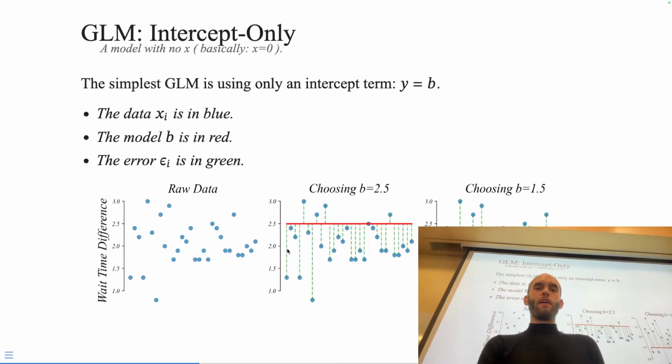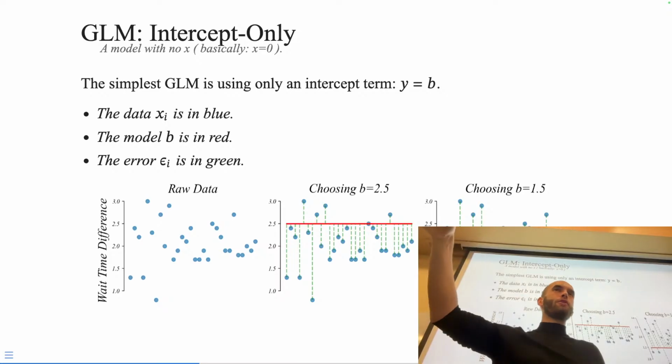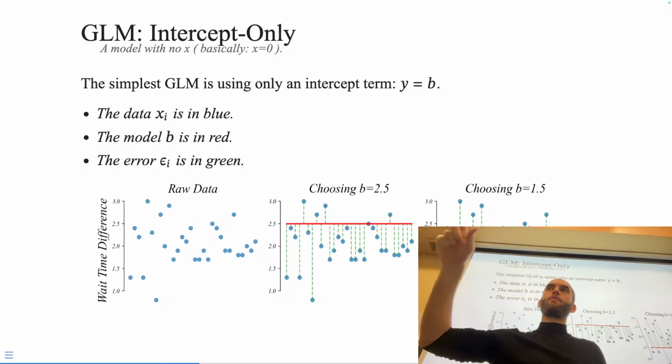The difference between the model and the data point is just the vertical distance between those two. And then to calculate the mean squared error, all we do is go through and take the average square of these things. So we take the value, we square it, and then we take the average of those squares.